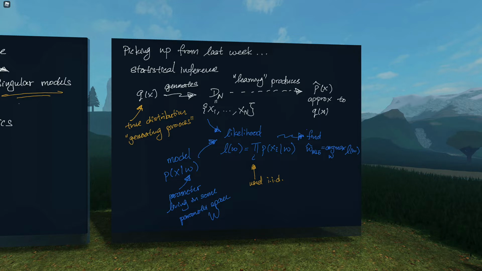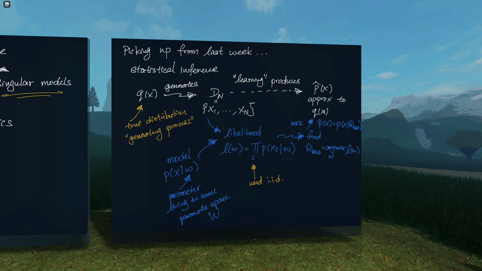In which case, the MLE approximation to solve this learning problem, to solve this statistical inference problem, will be just to set p hat, the approximation that we want, to be the model at the MLE.